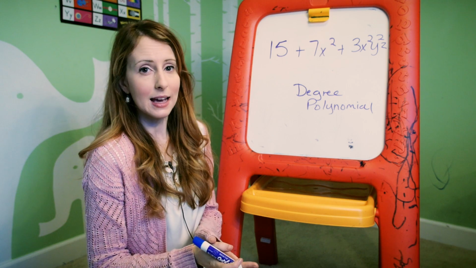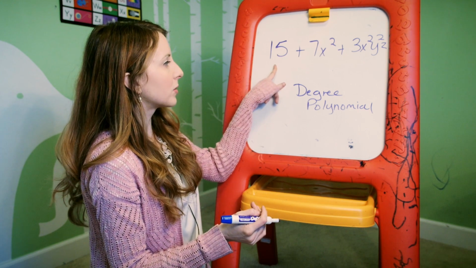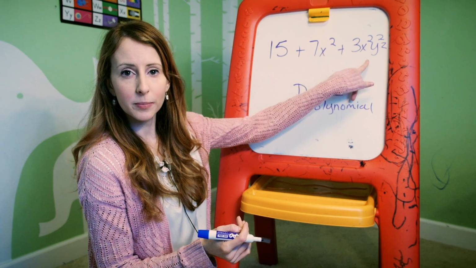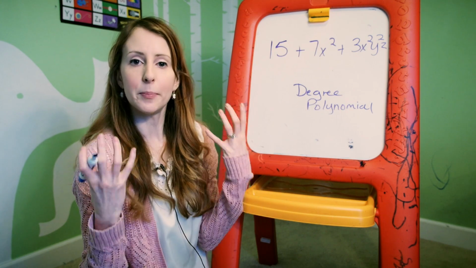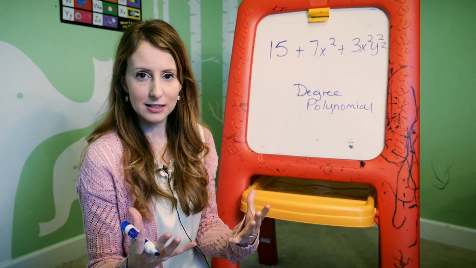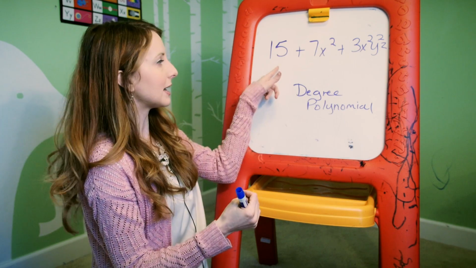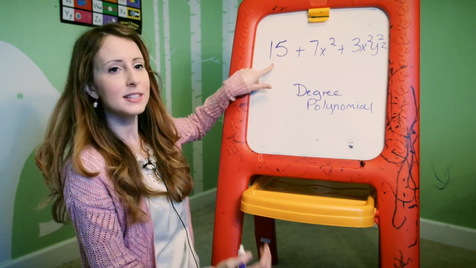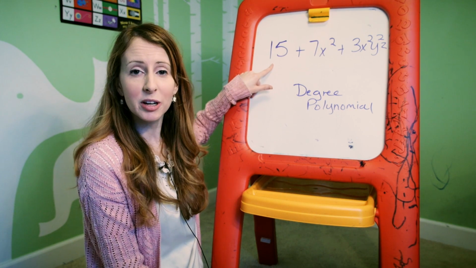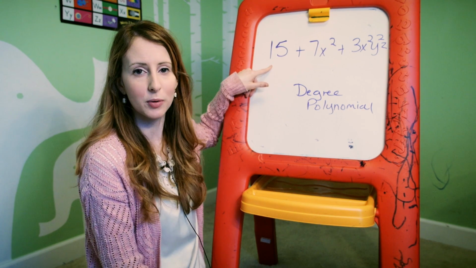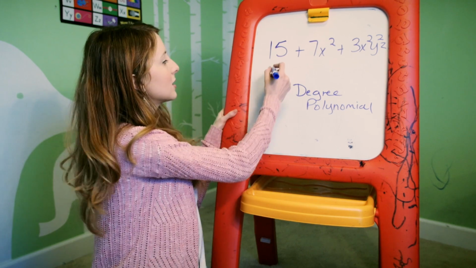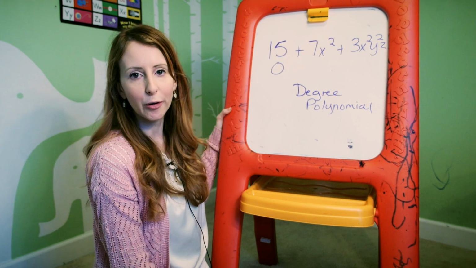Well, what you do in this case is you assign a degree to each individual term, and then whatever term is the biggest, that is your answer for the entire thing. All right, so let's look at each individual term. 15 doesn't have any variables at all, so it has no exponents to begin with, so it has a degree of 0.